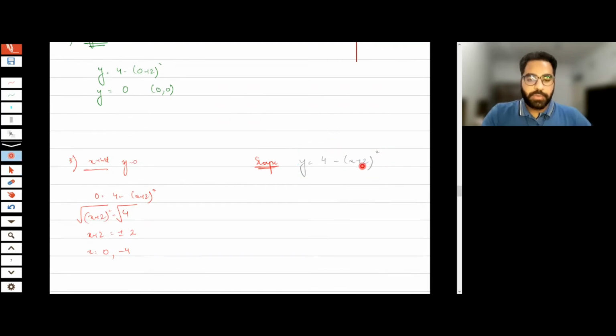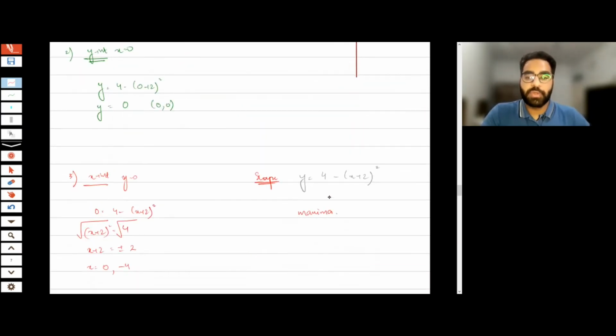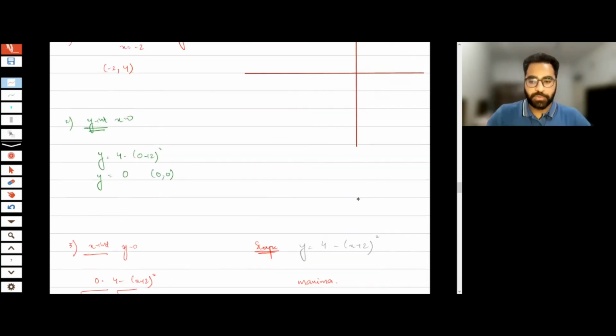Now, if you look, the coefficient of x squared, if it comes out of this bracket, would be positive, but if it multiplies with this negative sign, that will become negative. Since the coefficient of x squared becomes negative, my shape would be a maxima. When the coefficient of x squared is negative, my shape becomes a maxima. Maxima is a sad face. So that is what we are going to get over here.